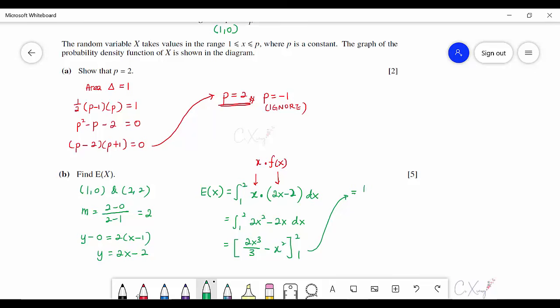If you substitute 2, you have 16 over 3 minus 4. After that, you substitute the 1, and you will get 2 over 3 minus 1. Then you simplify everything, and the answer for the expected value of x will be 5 over 3. So this will be our answer.